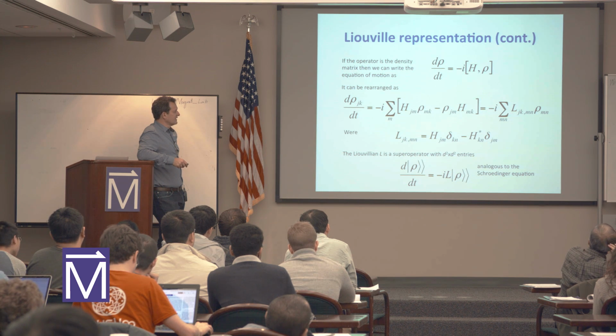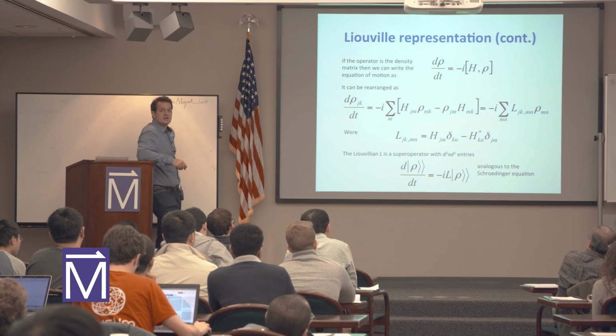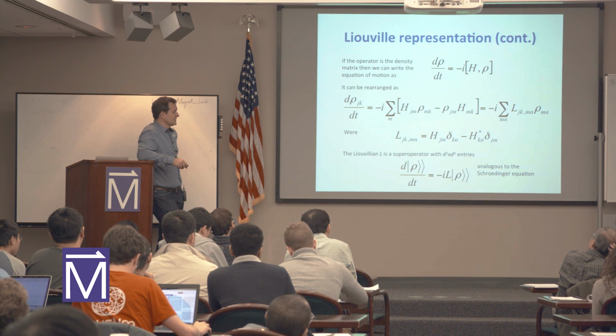Now I'm going to write it in the Liouville representation, and it basically boils down to this. This is like a Schrodinger equation for the density matrix, where instead of the Hamiltonian, I have the Liouvillean.